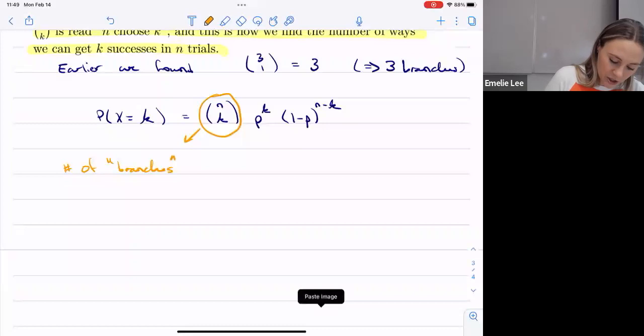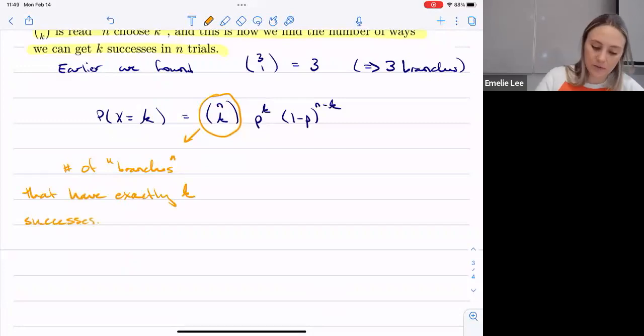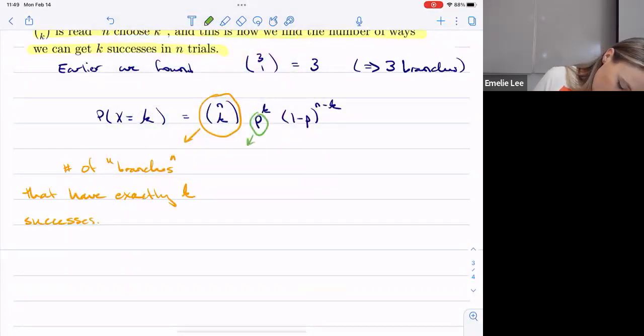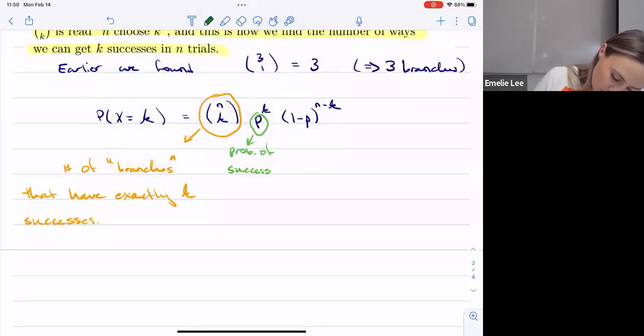The number of branches that have exactly k successes, since that's what we're trying to find the probability of. p is the probability of success to the power of the number of successes.